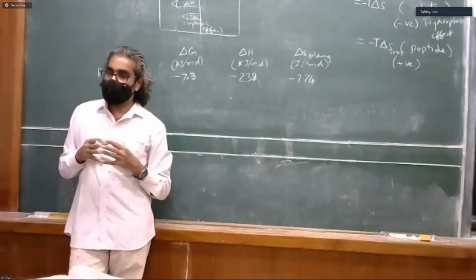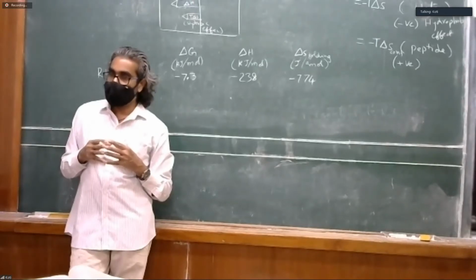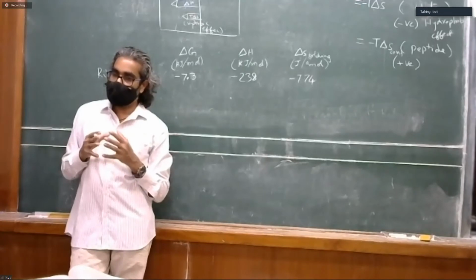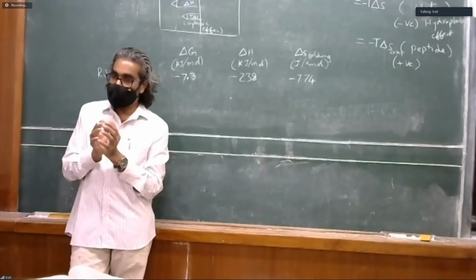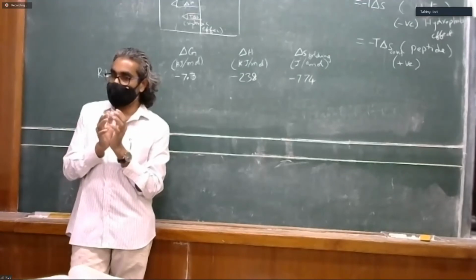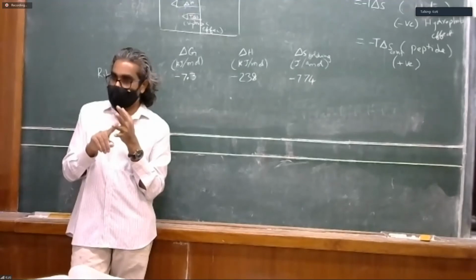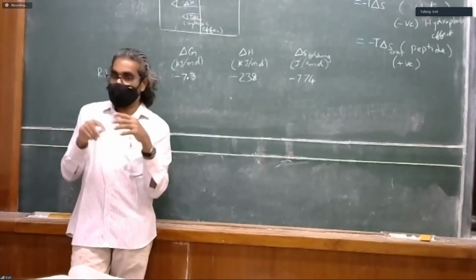But if you don't have these hydrogen bond forming or salt bridge forming groups, the structure is a collapsed globule, and this globule can change its local structure because van der Waals interactions are not directional. Hydrogen bond interactions are directional. Charge-charge interactions are directional. Van der Waals interactions are not directional.